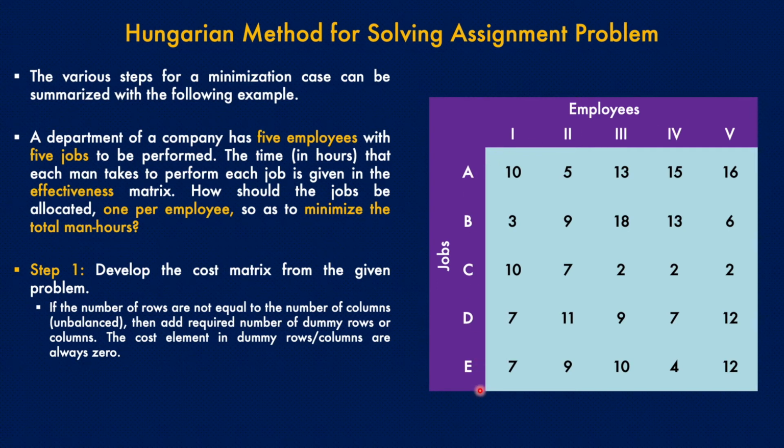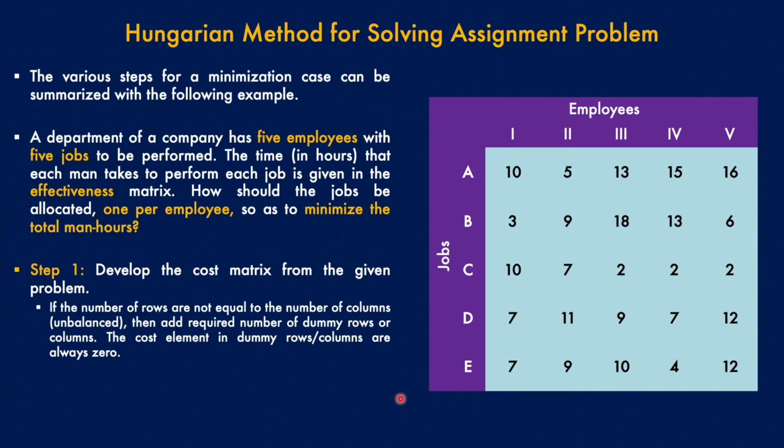In such cases, the effectiveness matrix won't be a balanced one. In such cases, we will make the given matrix into a balanced matrix by adding dummy rows or dummy columns with all the cost elements as 0. This is the first step in Hungarian method.